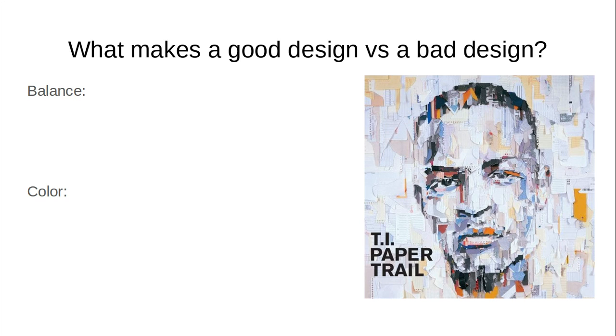Now, the color is also important in this one. Although you don't see a big splash of color, the color is important here because the paper really brings out the color and the shape and the value of T.I.'s portrait. If you take a look at the background, it's not solely a white paper background. You see some pinks off here in the corner, as well as a yellow here to balance out these yellows in his face.